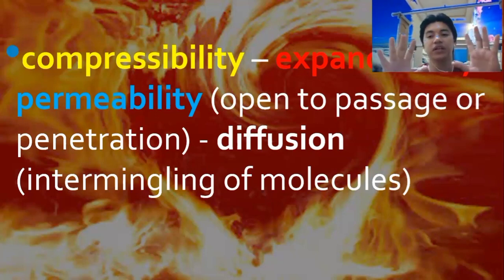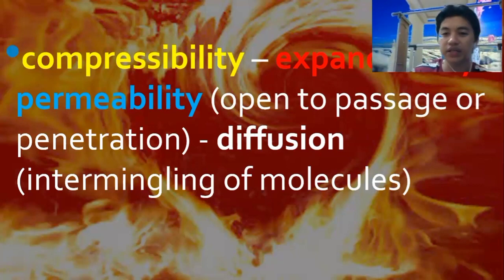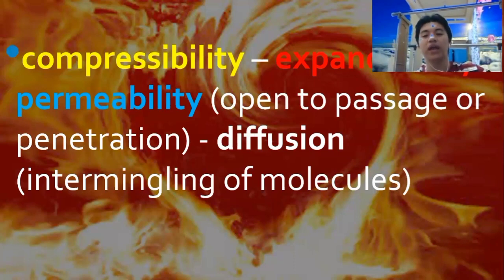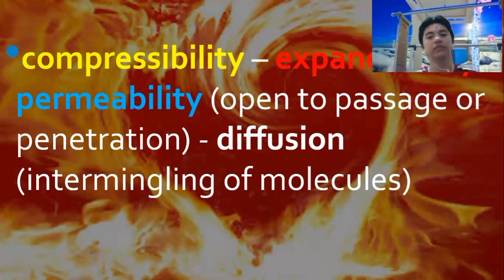And once na nakalabas sa container, moving out around the area, that is already expandability. And when the gas is going inside or moving into anything that can be passed through, that is permeability and diffusion, then they are already multiplied into many.